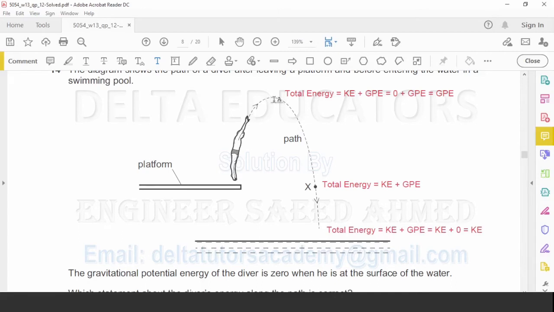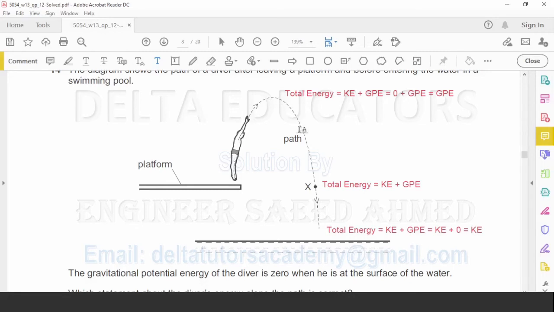When he is at the peak position, he has only gravitational potential energy, and at the peak position his kinetic energy is 0. So total energy is equal to kinetic plus gravitational potential energy. Since kinetic is 0, he has only gravitational potential energy at the peak point. So at the peak point, total energy is equal to gravitational potential energy.